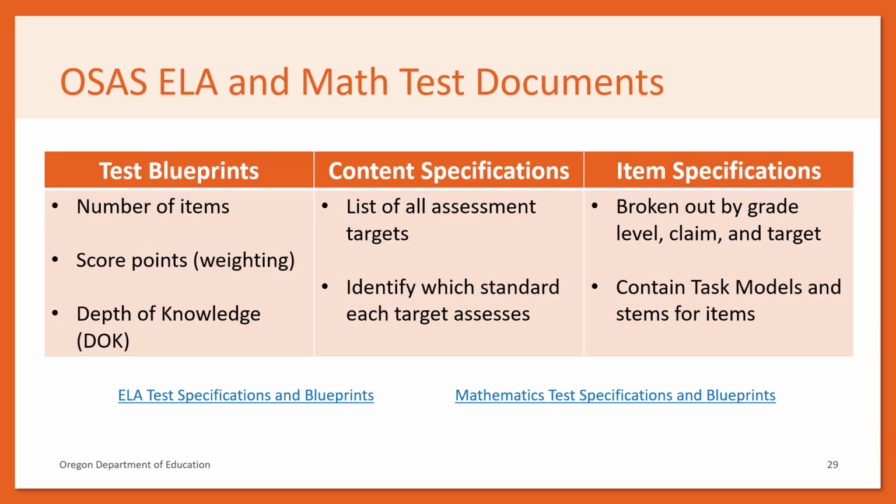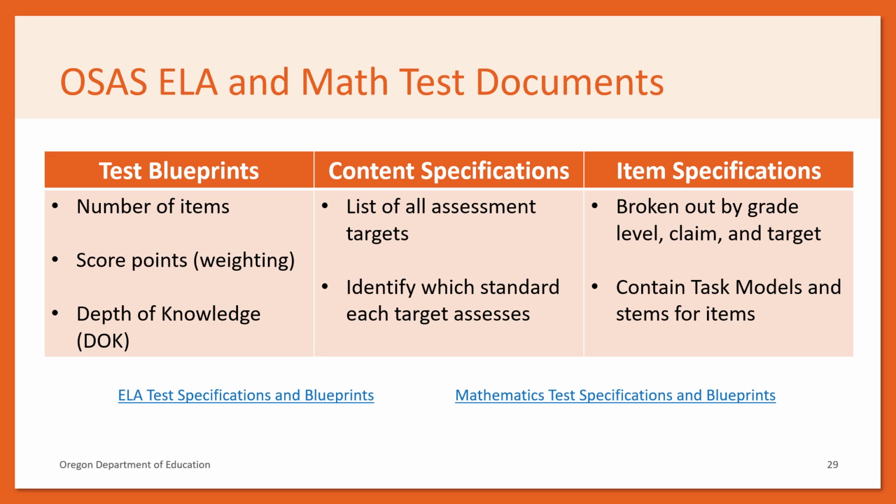Several documents outline the structure of the OSAS ELA and math tests. Links to access these resources are provided at the end of this module. Educators should spend time looking at these materials to inform how they prepare students to be successful on the tests. Test blueprints indicate the number of items included on each test, how each test is scored, and the depth of knowledge intended to be used by students when answering items.